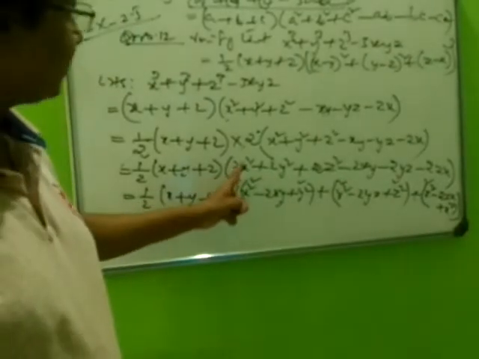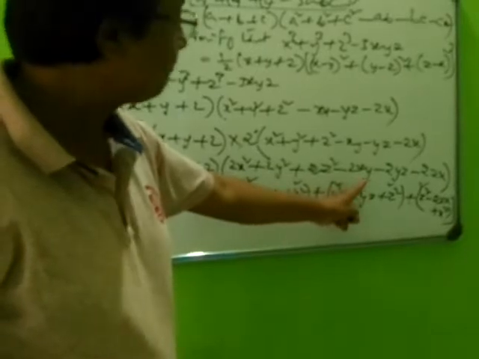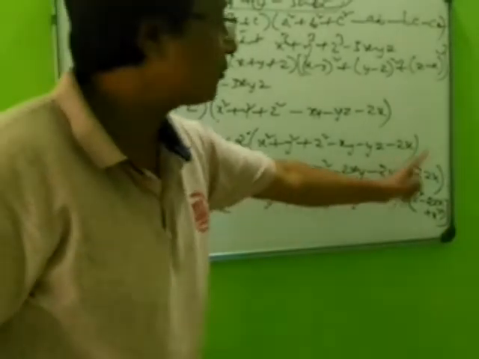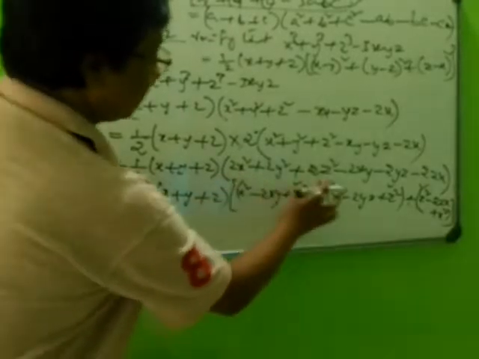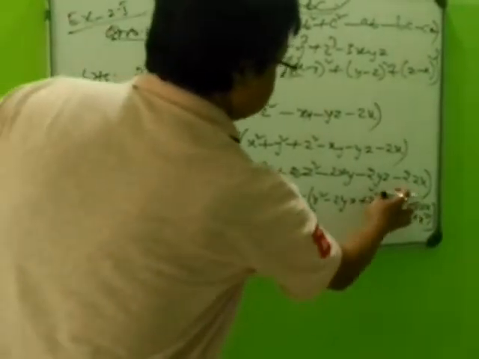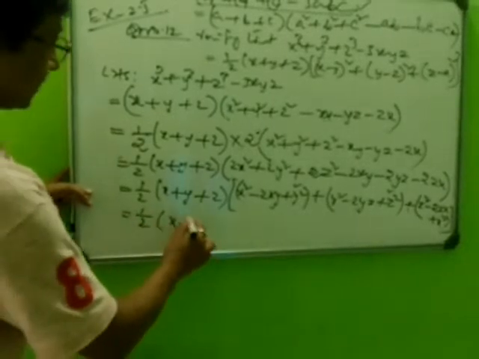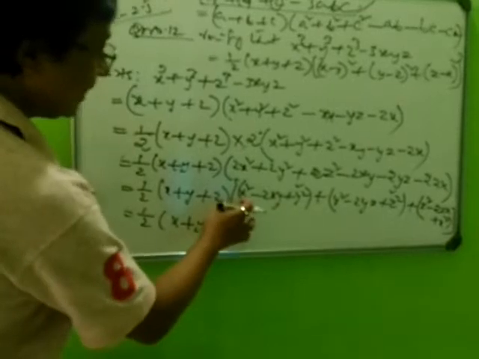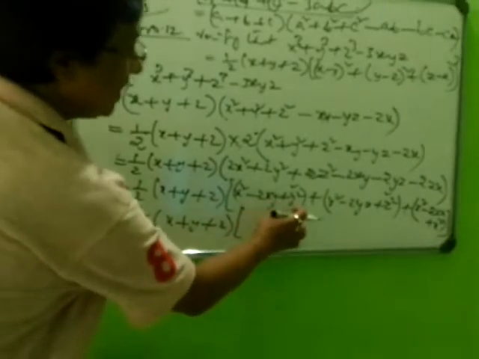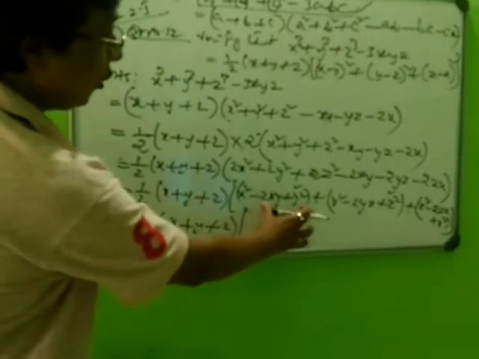So twice x square plus twice y square plus twice z square minus twice xy minus twice yz minus twice zx. Now this equals half into x plus y plus z into, so the form is a minus b whole square.